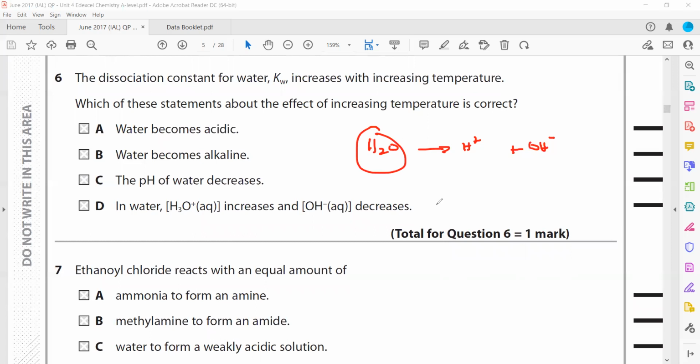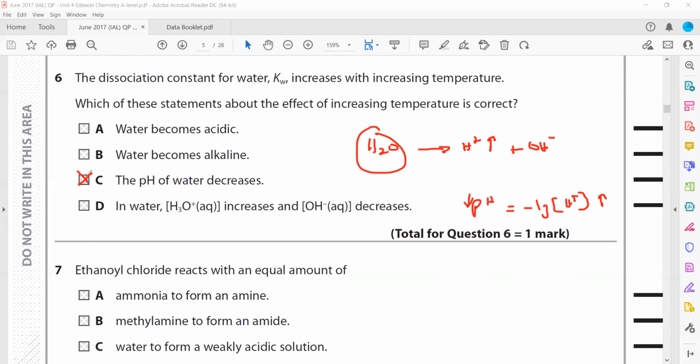As we supply heat energy, as we know, the formula pH is equal to minus log of hydrogen ion concentration. So when we supply energy, more hydrogen ions are released, so the amount of hydrogen ion increases, so the pH of the solution will decrease.